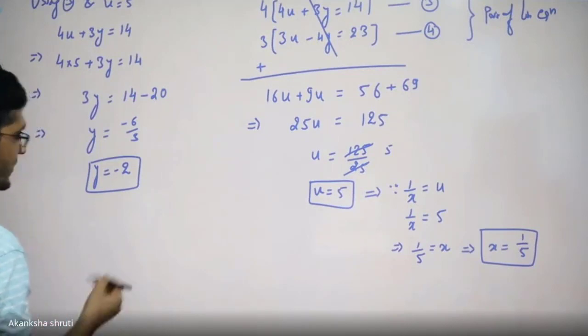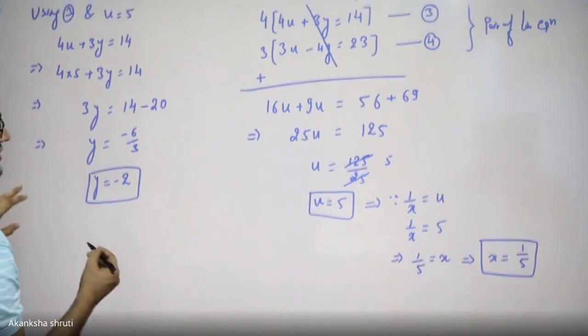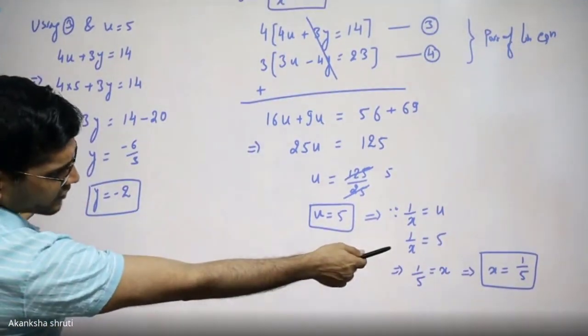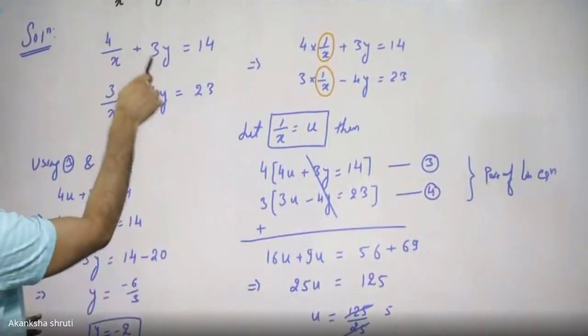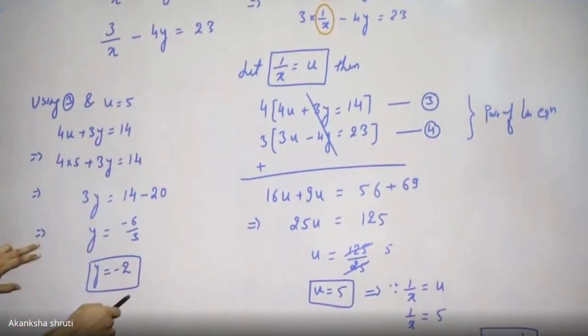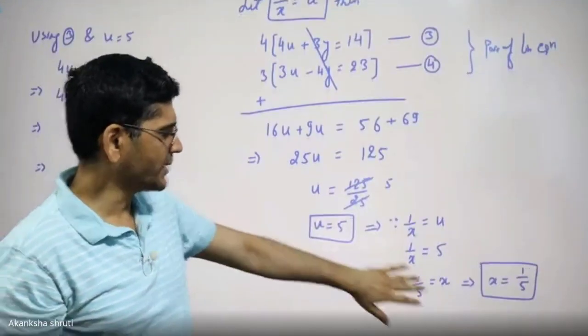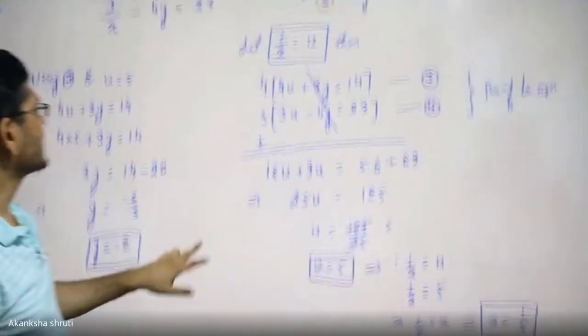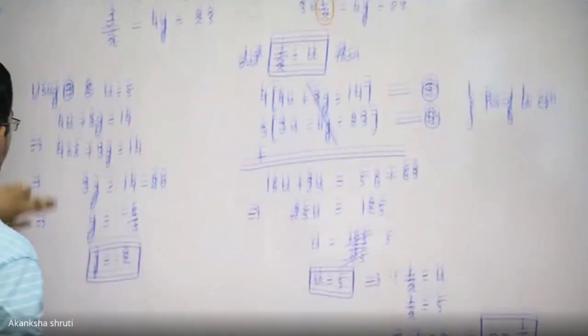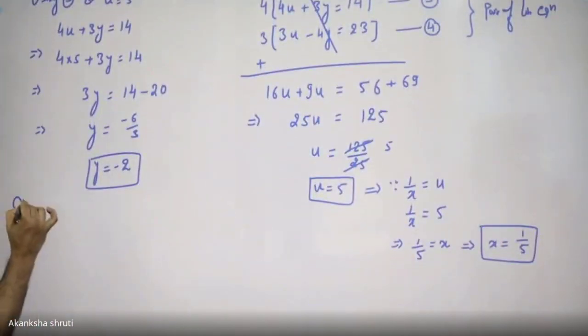Students, we can also calculate this y by using x = 1/5 in the original equation. Once you have calculated u, either use this one, or if you have calculated x, then use the original equation.